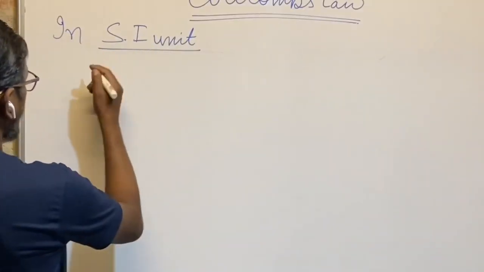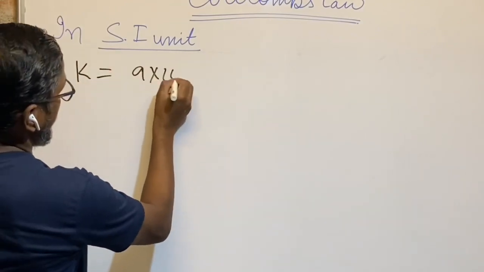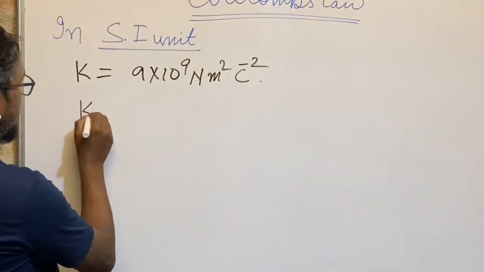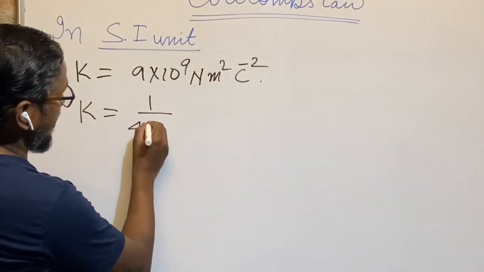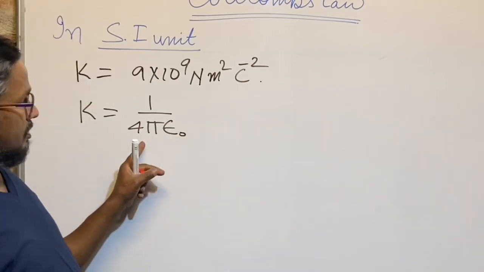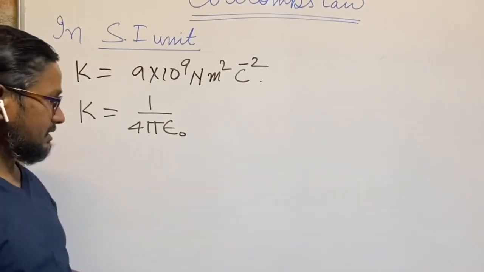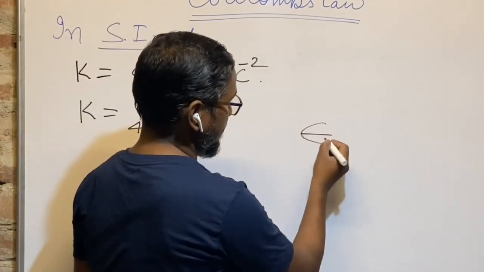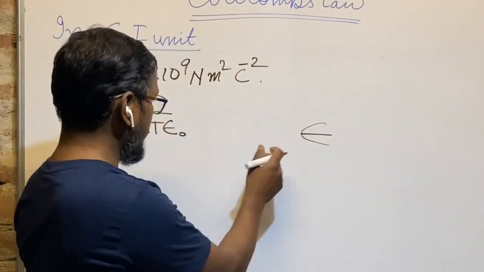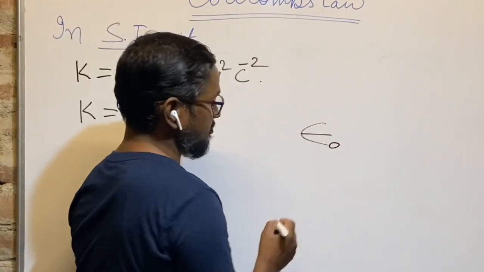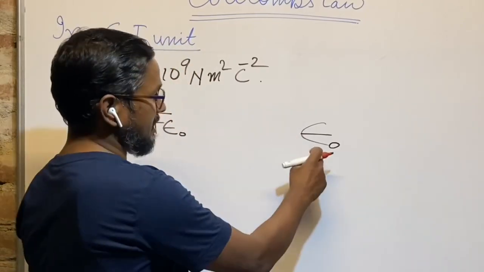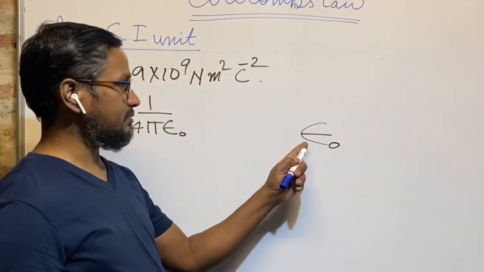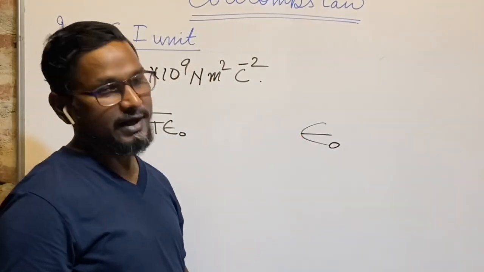In SI unit, the value of K is 9 into 10 to the power 9 Newton meter square per Coulomb square. Additionally, K is replaced by 1 by 4 pi epsilon naught. 4 pi because of spherical symmetry, and epsilon naught, this is the Greek letter epsilon, and we put a zero here and read it as naught. This epsilon naught represents the permittivity of free space, also called permittivity of vacuum.